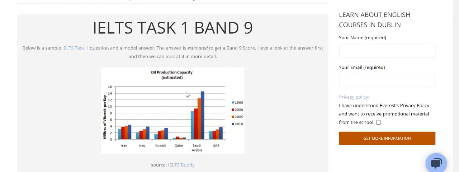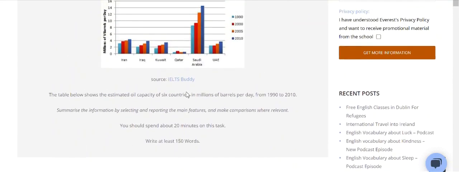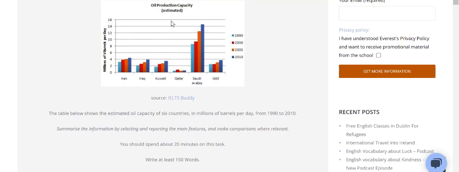For example, this one: oil production capacity estimated over the years 1990, 2000, 2005, 2010, for different countries in the Middle East, in millions of barrels per day. Saudi Arabia, Iran, Iraq, Kuwait, Qatar, and UAE, United Arab Emirates.